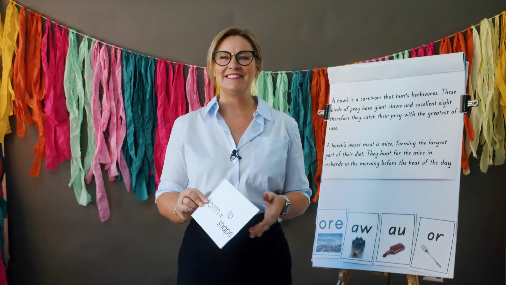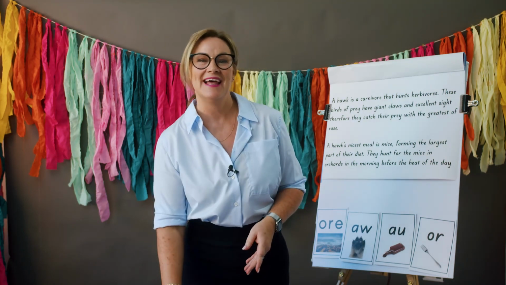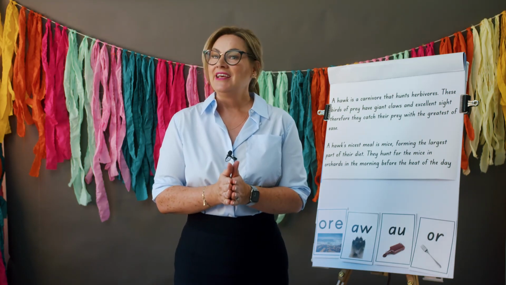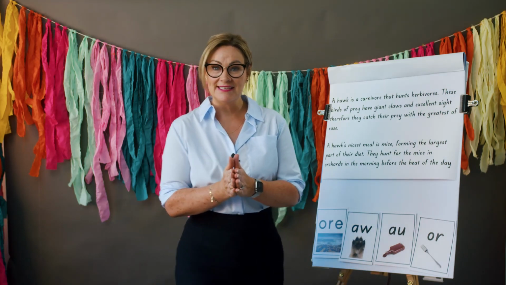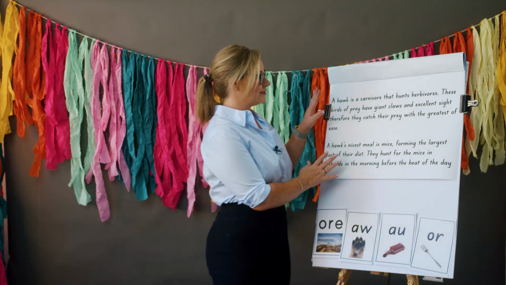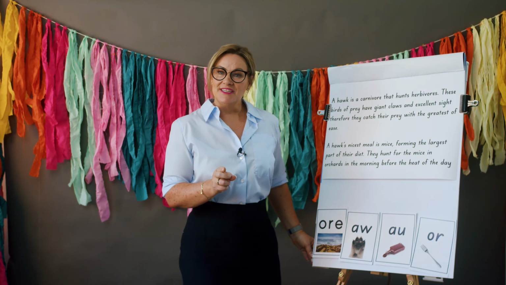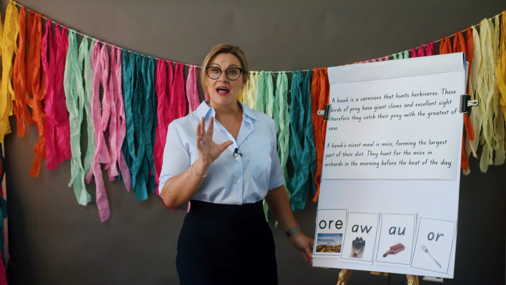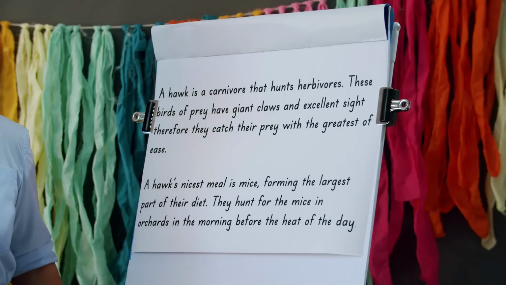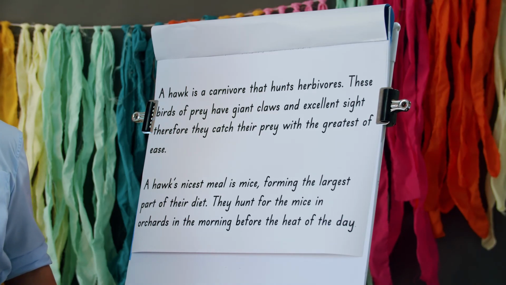Okay, now it's time for your independent activity to do. So, from our text today about hawks, your independent task for today is to draw, illustrate a picture of a hawk and then label the parts on your illustration.